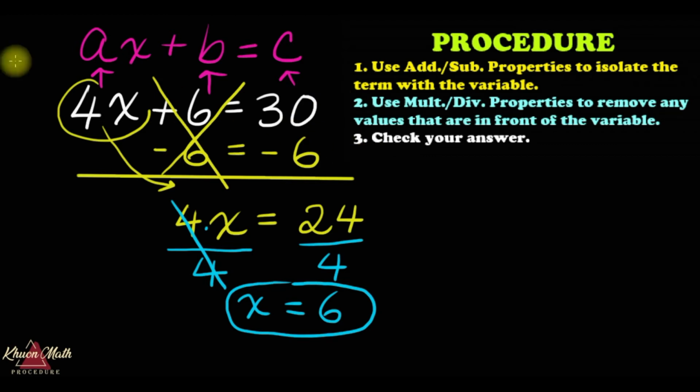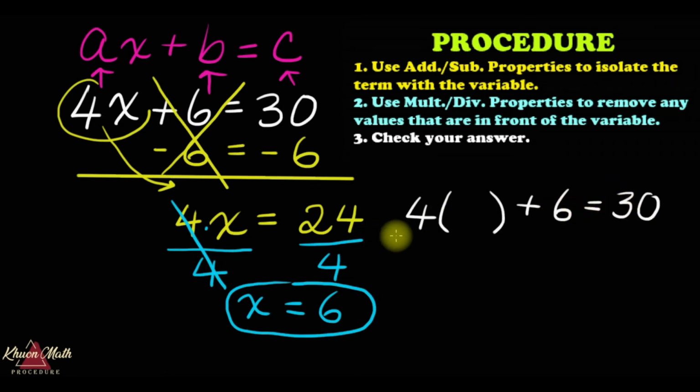And then last thing we have to do is check it. So here you got 4x, so 4 times what number? Plus 6 is 30. We found x to be 6, so we are going to replace x with 6. So 4x, so that's 4 times 6.